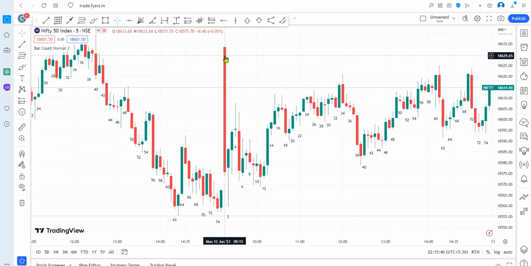Okay, let's consider it as a gap up, and after the gap up there is a full red candle with a dominant body.